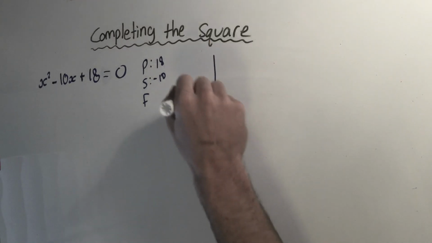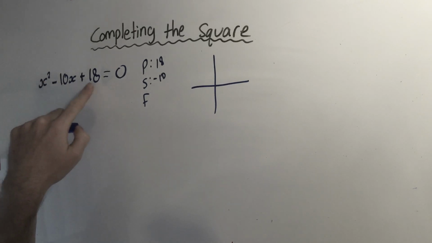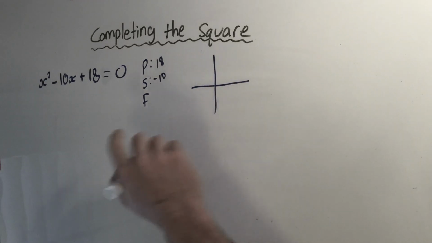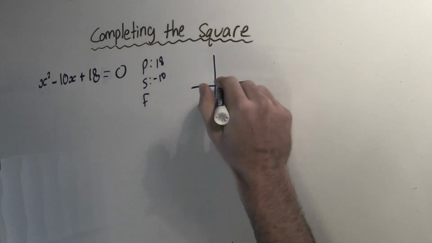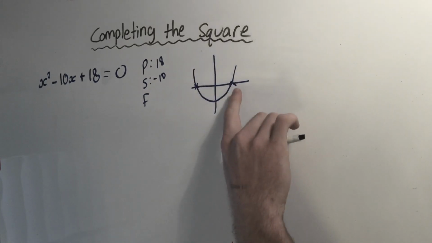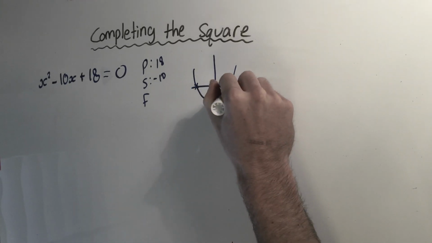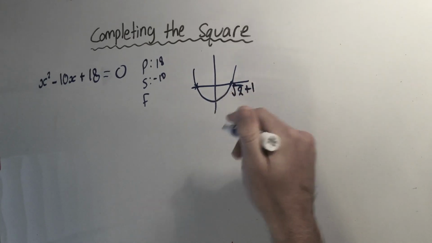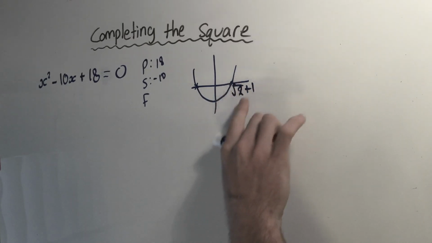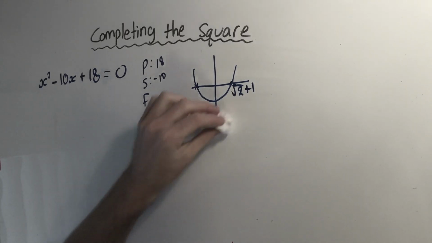Originally we had y equals x squared minus 10x plus 18, and when we want to find the x-intercepts, the parabola looks something like this. These points are not like minus 2 and 2, rather they might be square root 2 plus 1, or something like that. There's a surd involved there, a square root. PSF will not give you answers in that case.